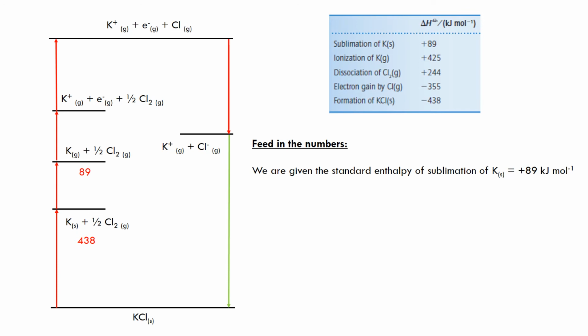So hopefully you can see how you can use, in an exam or a coursework style situation, you'd be given the empirical data and asked to form the Born-Haber cycle and calculate the lattice enthalpy for the solid. You can use the empirical data that you're given to start thinking about constructing the Born-Haber cycle.